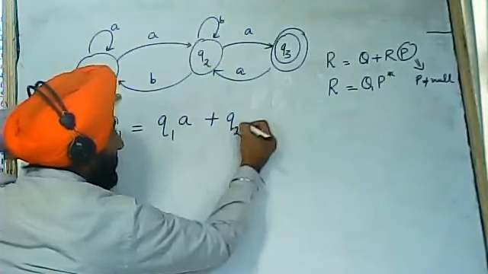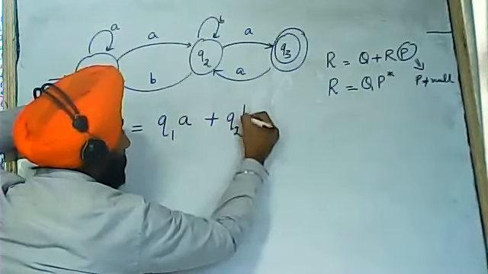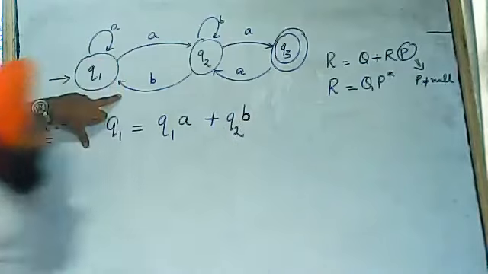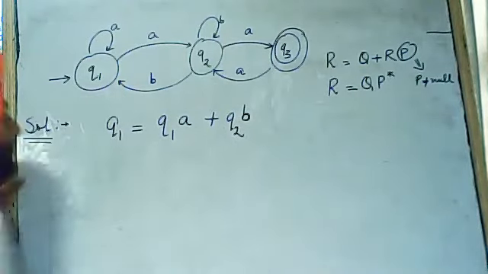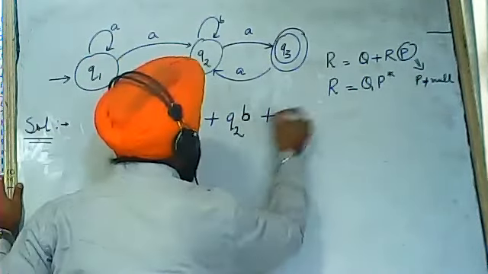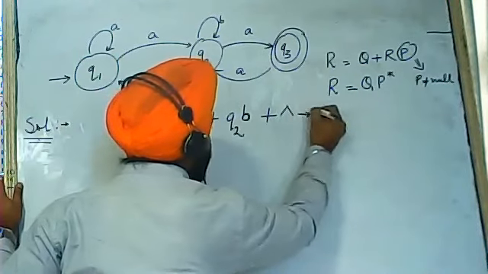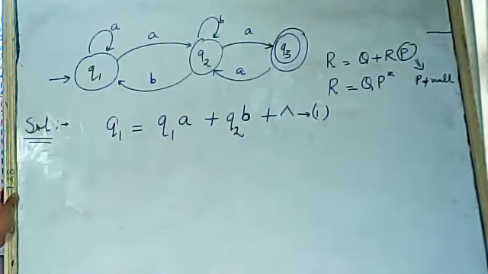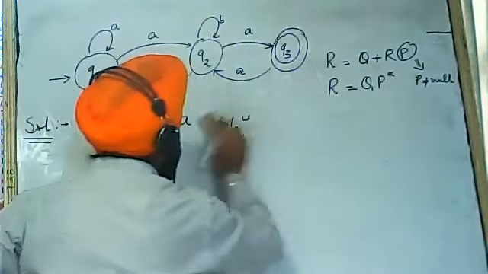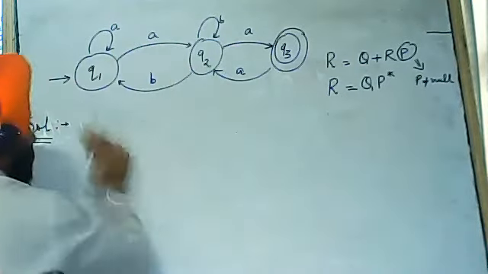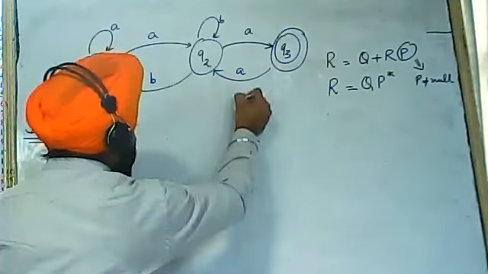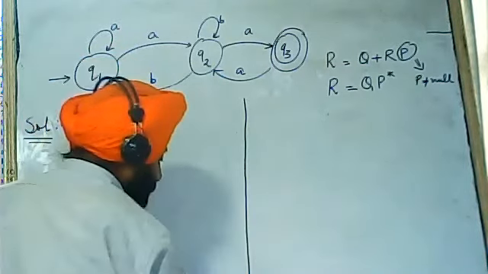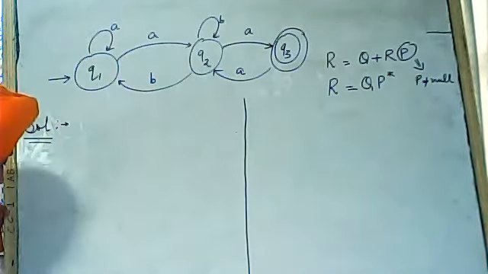So the second is Q2B. Next, for the initial state, you will have to include the null symbol. Let me divide the board into two parts, right?